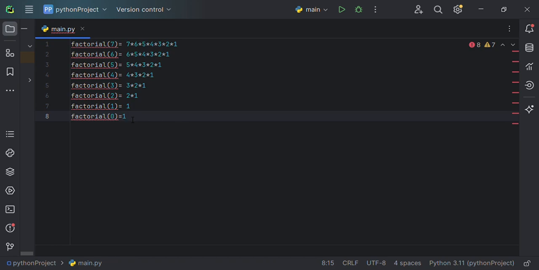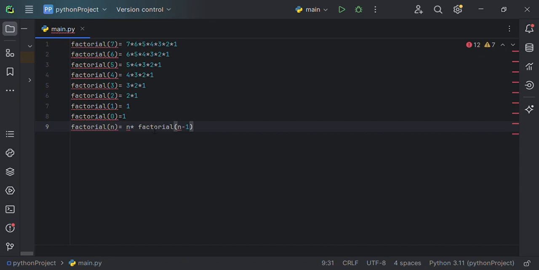Let me write this down: factorial of n is simply equal to n multiplied by factorial of n minus 1.